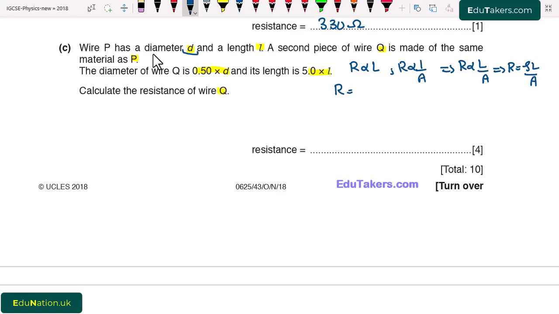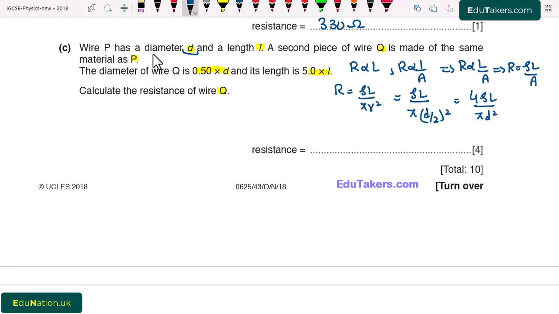Area is equal to pi r squared, so R is rho L over pi r squared, where r is the radius. Radius is half of the diameter, so I write rho L over pi times D over 2 whole squared. It will be 4 rho L over pi D squared. So we have written the formula of resistance in terms of diameter.